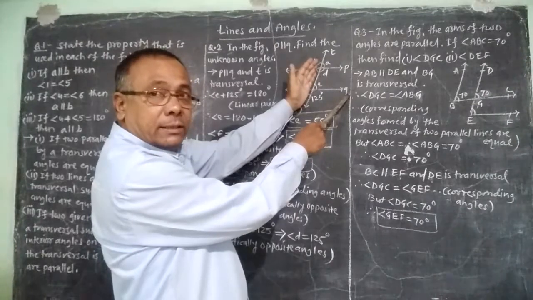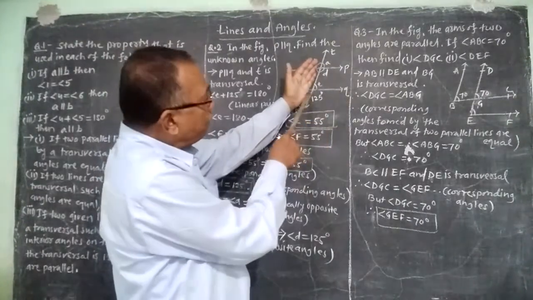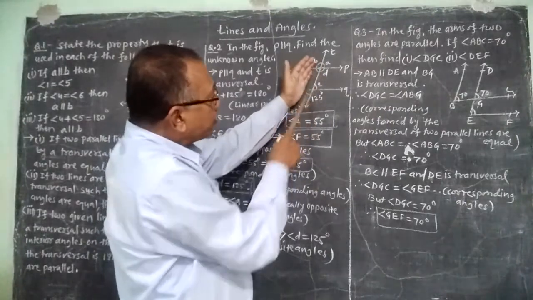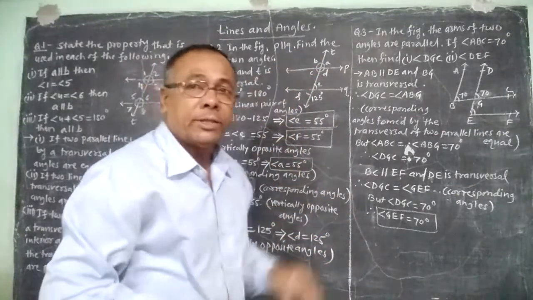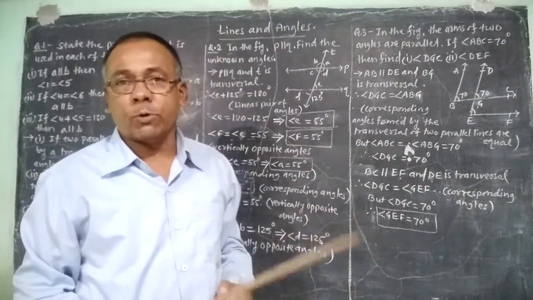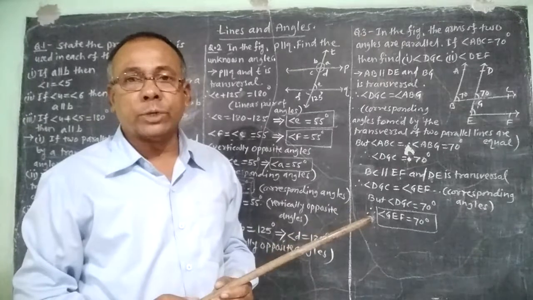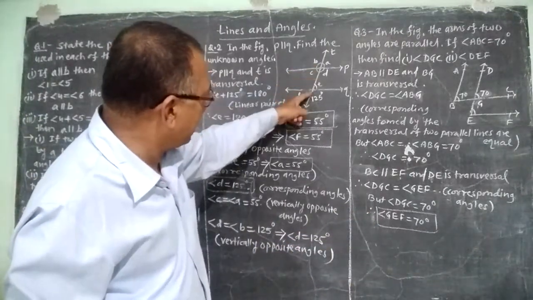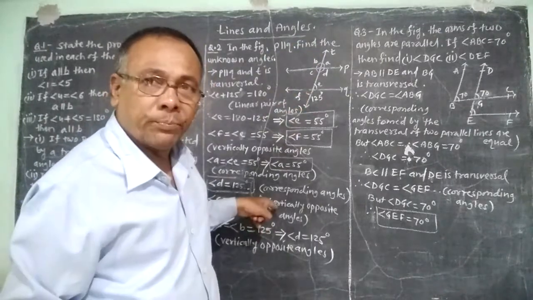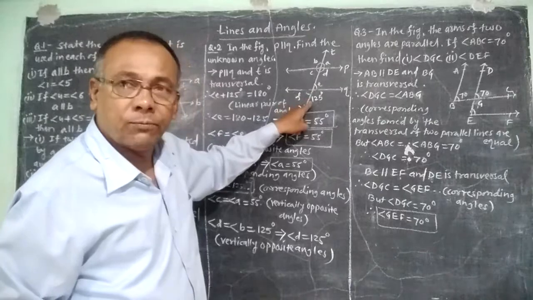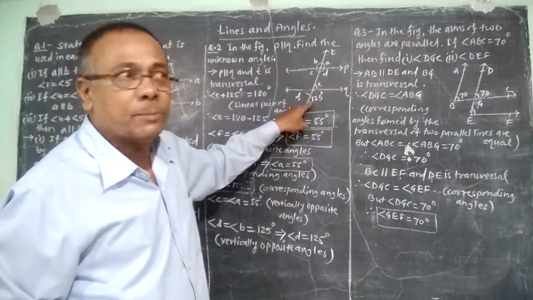as one common side, and one vertex is common, and the remaining two sides are opposite rays. We know that if two rays form a line, then they are called opposite rays. Here, due to this ray and this ray, one line is formed, and therefore angle E and angle 125 are a linear pair of angles.